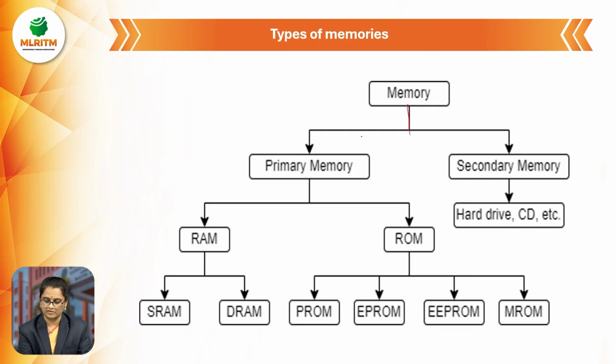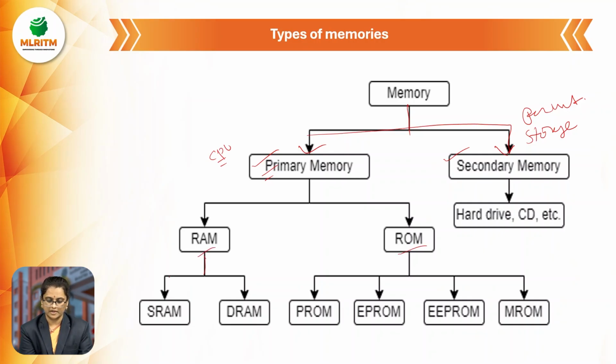So memory can be divided into two types. One is primary memory and the other is secondary memory. So these are the external devices like pen drive, CDs, DVD players, like that. This is also storage for permanent storage purpose. And in primary memory, the CPU directly accesses the data, RAM and ROM.